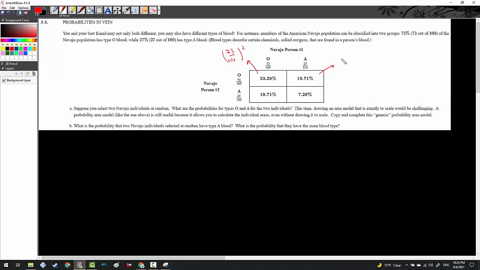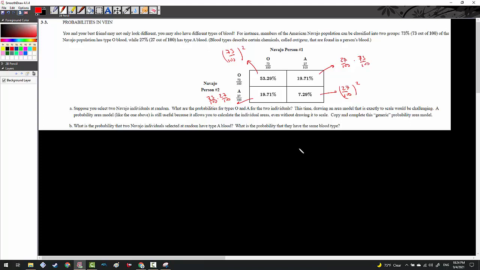Likewise, this box here is going to be 27 over 100, which is the base of this rectangle, times 73 over 100. If you calculate that into a percent, you'll get 19.71. This one, unimaginatively, will be the same thing, times 27 over 100, and then this one will be 27 over 100 squared, or 27 over 100 times 27 over 100. So real quick, that's how you get each of those numbers. It's just the area of each individual box, which then answers question A.